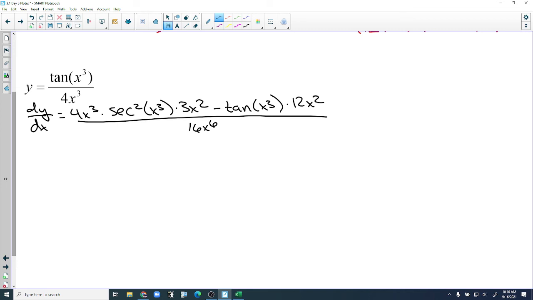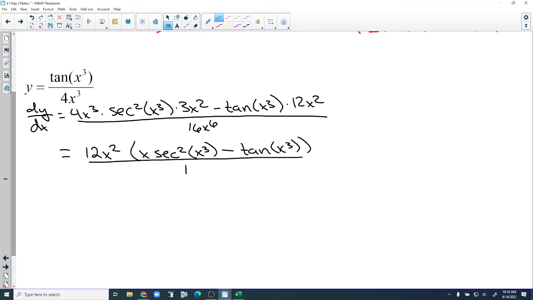Let's see what we can take out. Looks like we have x to the fifth on the first one, but only an x squared on the other one. We can take out a 12x squared. 4 times 3, that's going to be the 12. x secant squared of x to the third minus tangent of x to the third, over 16x to the sixth. Oh, wait.